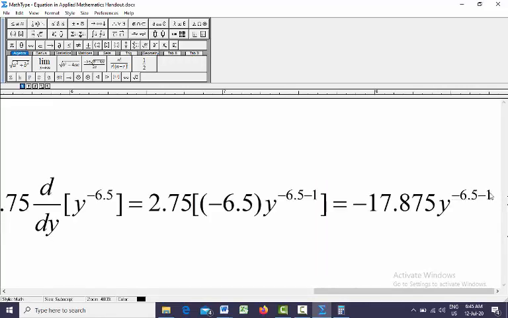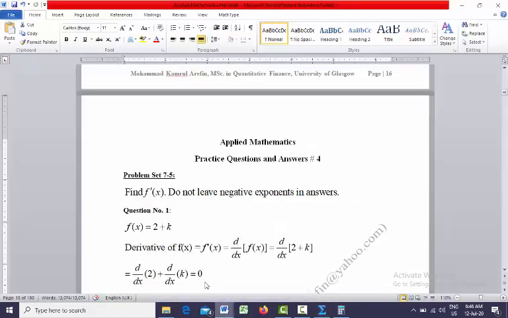And then what we have here? So in the power we have minus 6.5 minus 1. So that means we will have minus 7.5. So differentiation is done. But the question said do not leave negative exponent in answer.